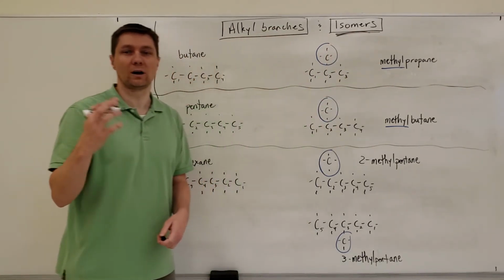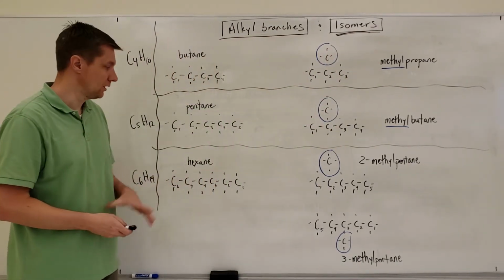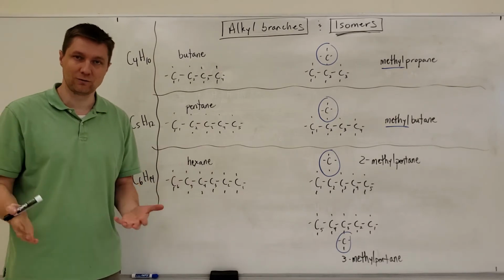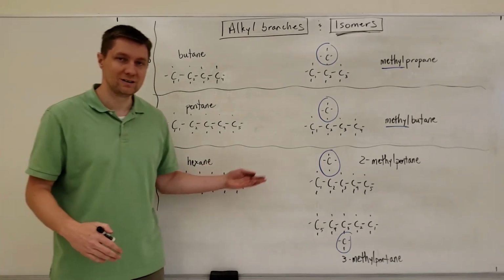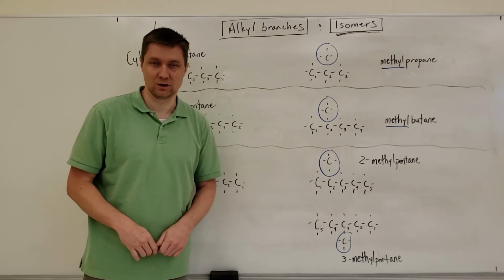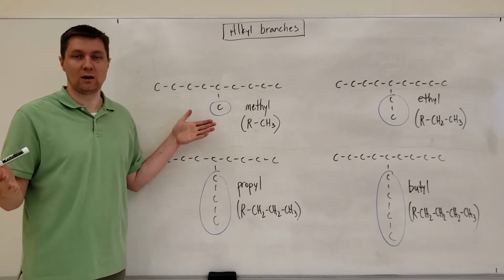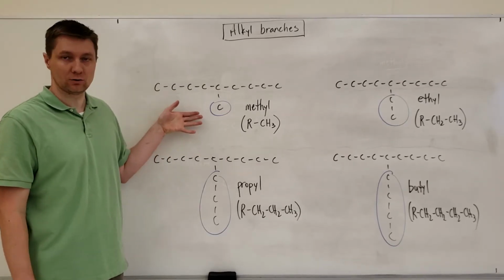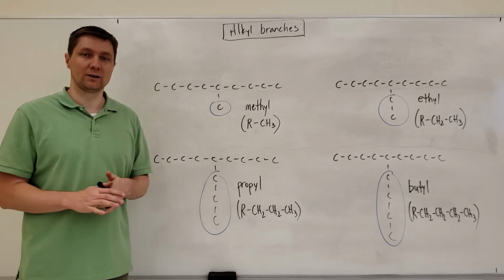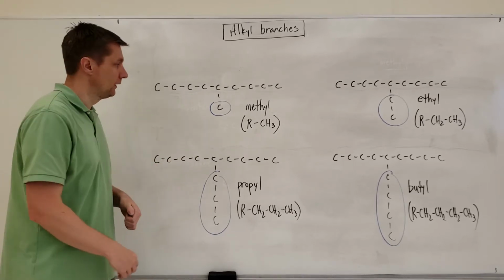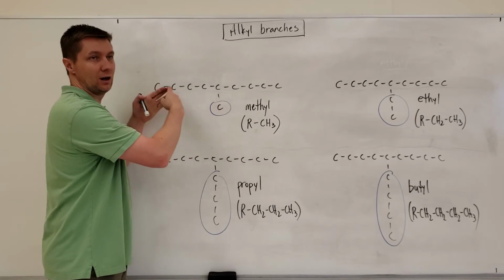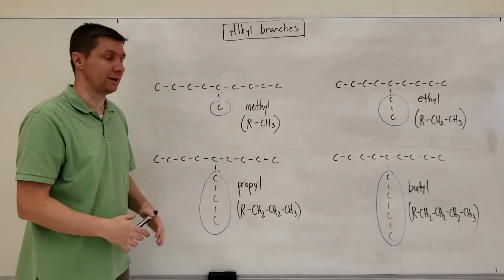So again, just really quick, isomers are defined as compounds that have the same chemical formula, but a different organic name associated with them. We looked at one type of alkyl branch, which was a methyl alkyl branch. A methyl alkyl branch is just one carbon long. You can see we've got one carbon sticking off of a parent chain, a longer chain.